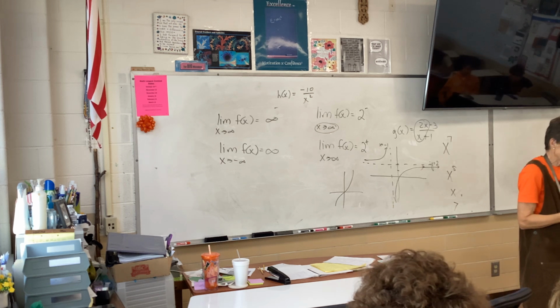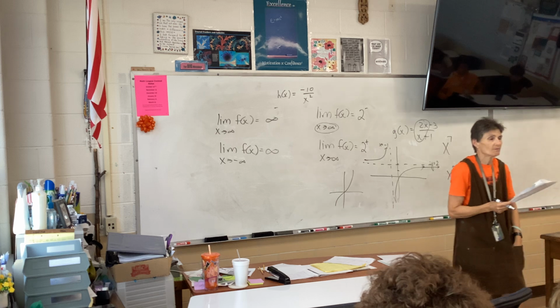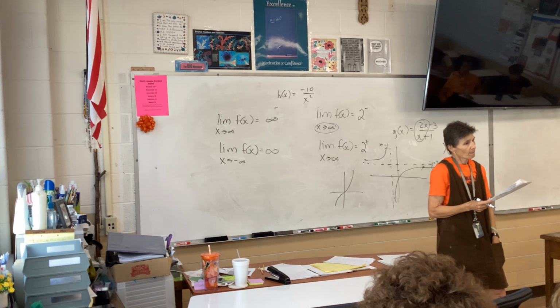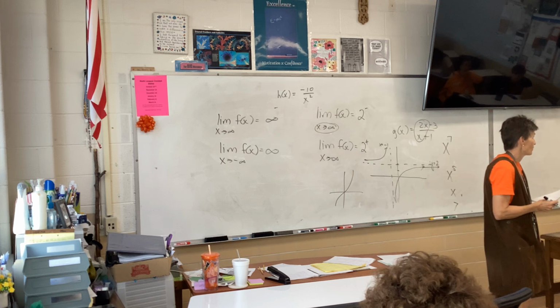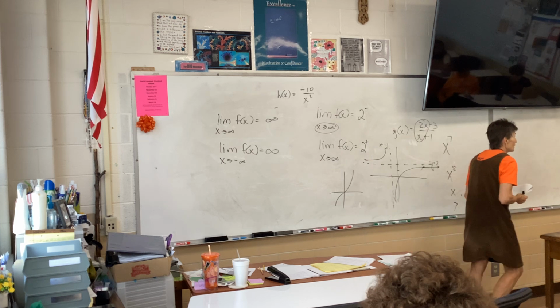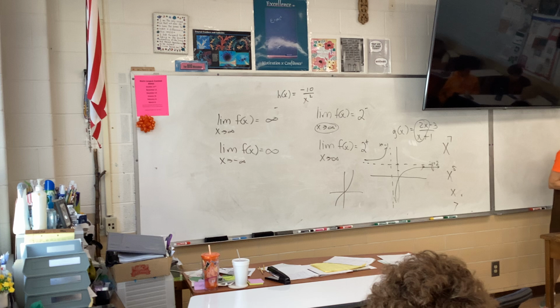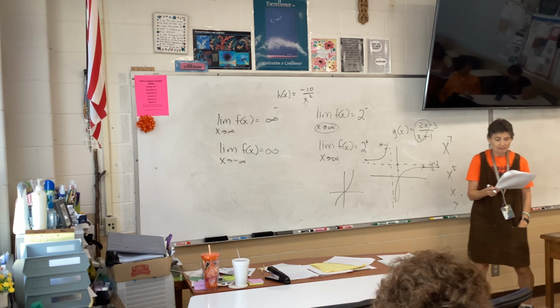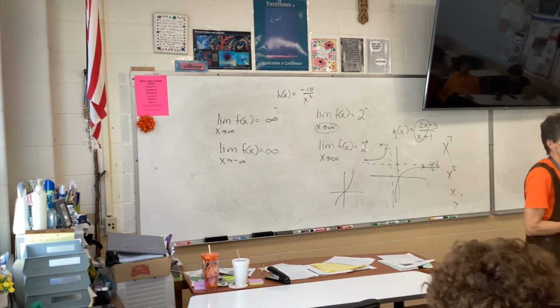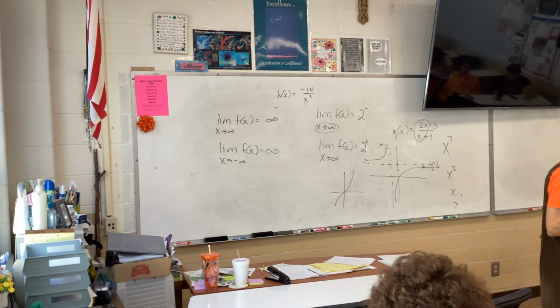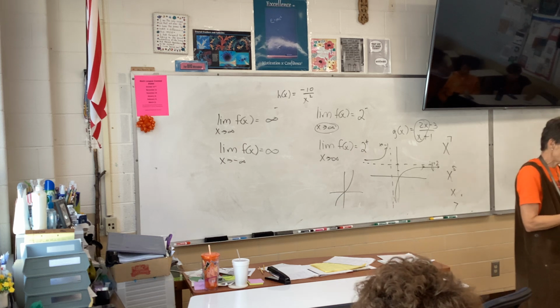Is it possible for this graph to have a degree of 5? No. If you have a degree of 5, what do we know about your end behavior? It's going to be in opposite directions, so that can't possibly be.